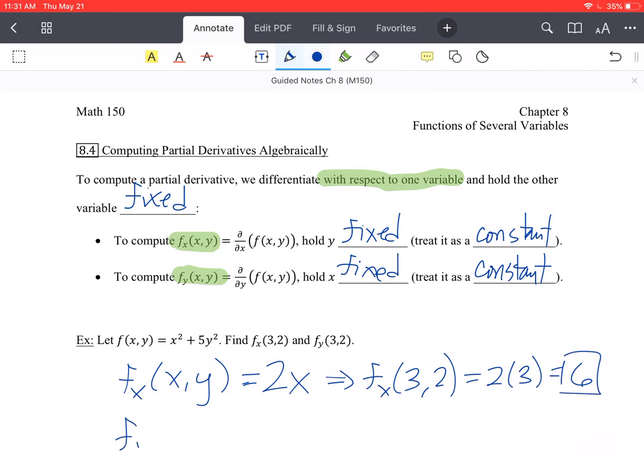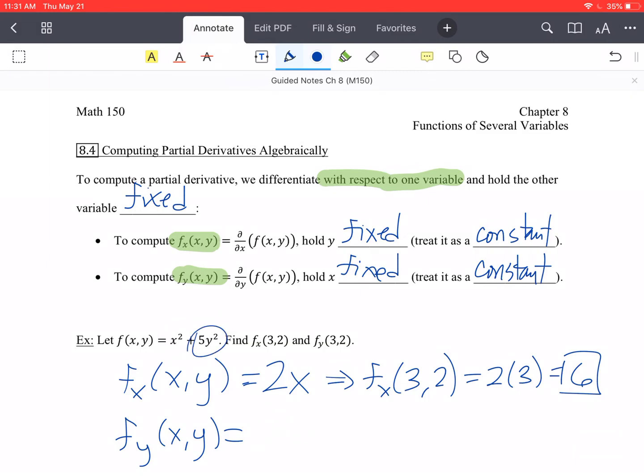And then for fy, well, in this case, x is a constant, so x squared is a constant as well. If x is 5, for example, 5 squared is 25, that's still a number. So the derivative of x squared with respect to y is 0. That would be 0 plus whatever we get from that second term.